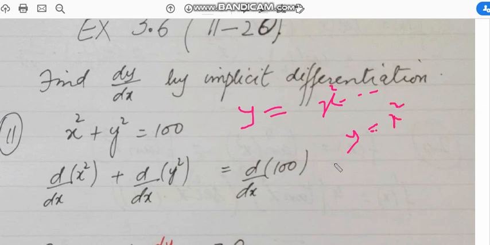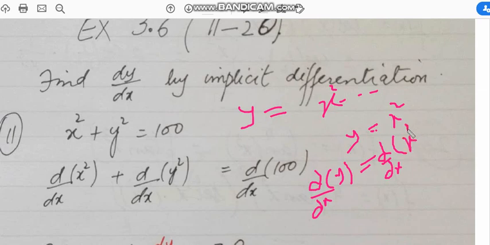Previously, if we have to find dy by dx, it means d by dx of y, and that was equal to d by dx of x square.